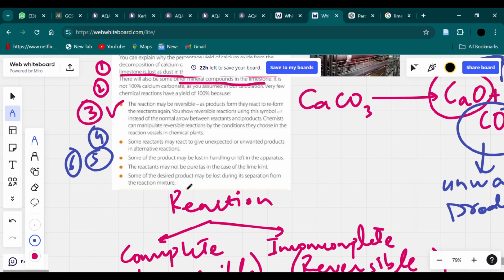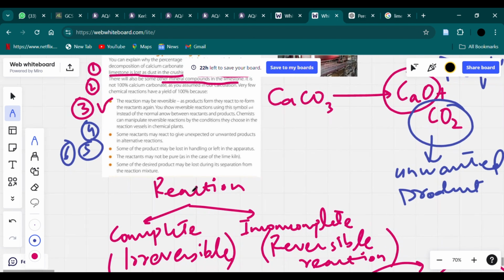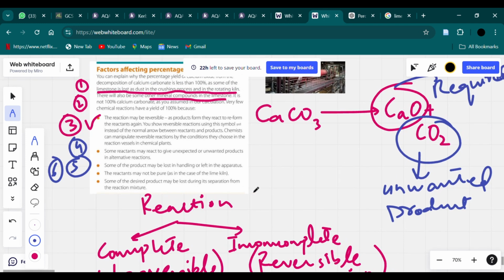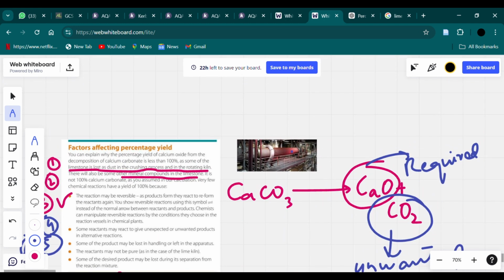Some of the desired product may be lost during separation from the reaction mixture. This is also one of the handling issues, that some of the product is lost because of the separation. As you can see, this is a lime kiln. Some of the product produced after the end of the chemical reaction may get stuck to the lime kiln.